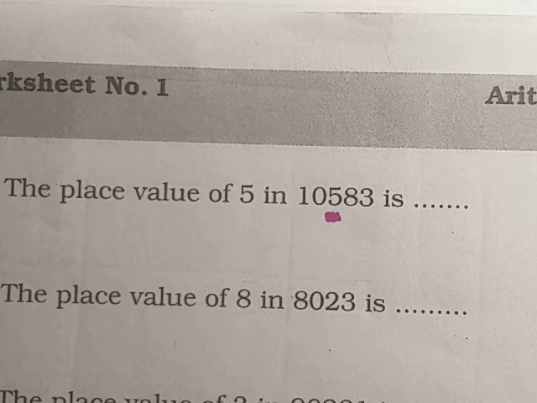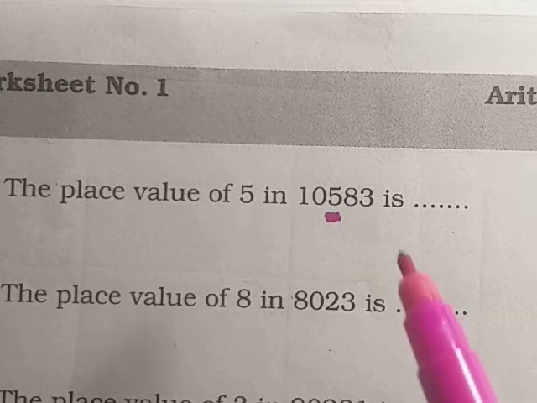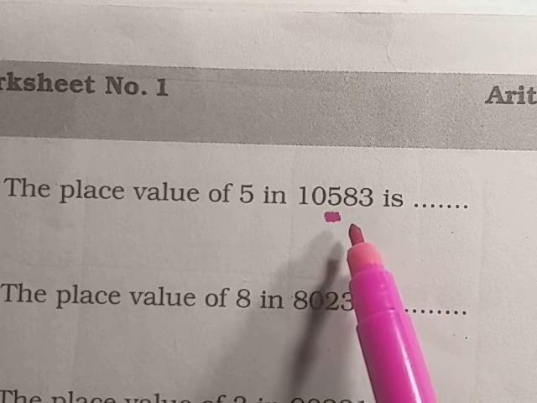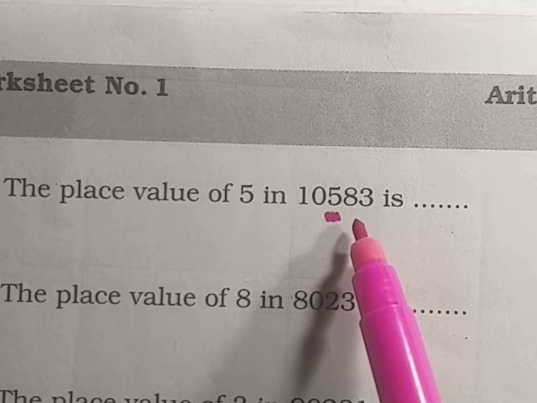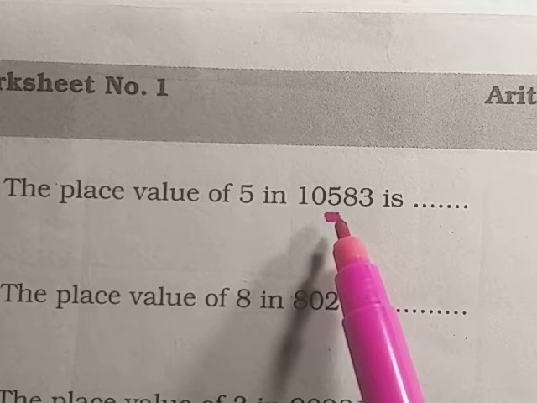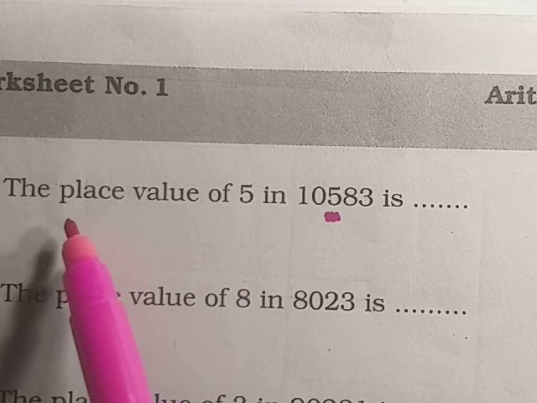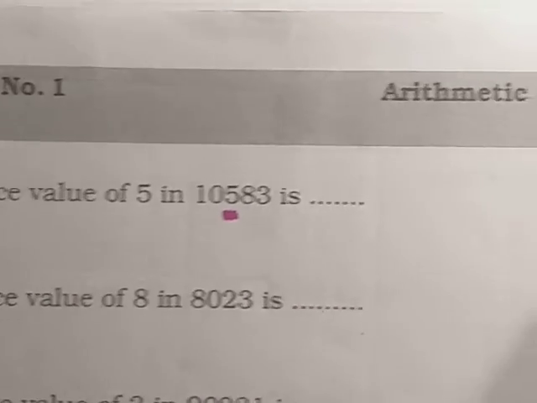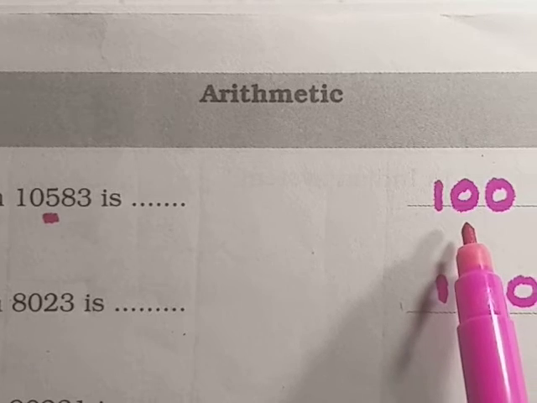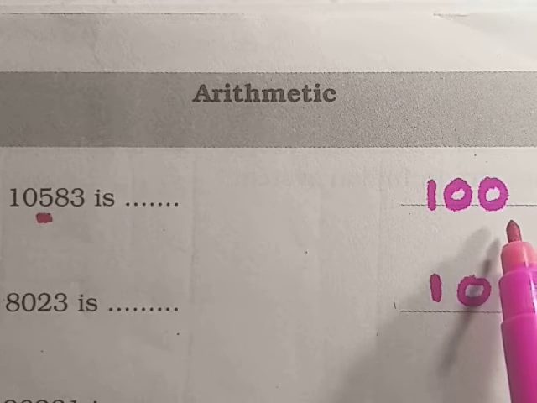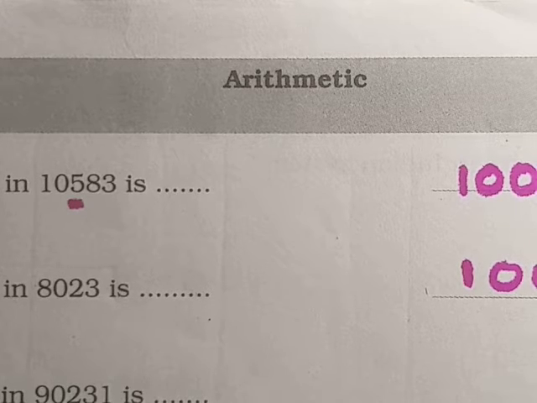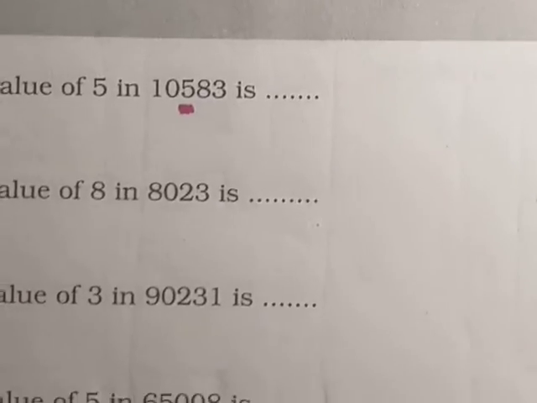Dear students, please remember, 3 is in unit place, 8 is in tens place, 5 is in hundred place. We want the place value of 5, that is 100. So we will have to write it here, 100. You are given space in your worksheet.